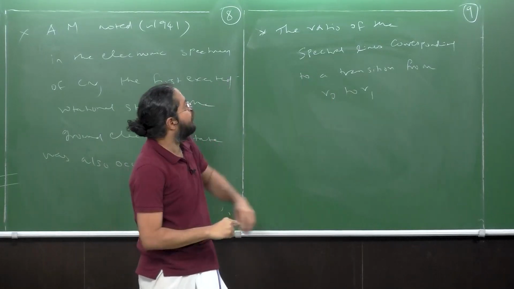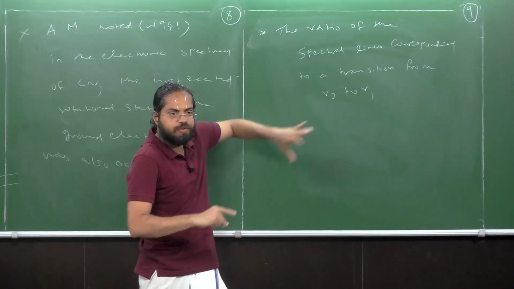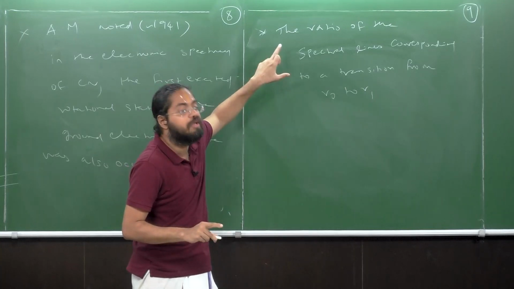So you can get the ratio of the spectral lines corresponding to a transition from R0 to R1. This can be experimentally obtained.